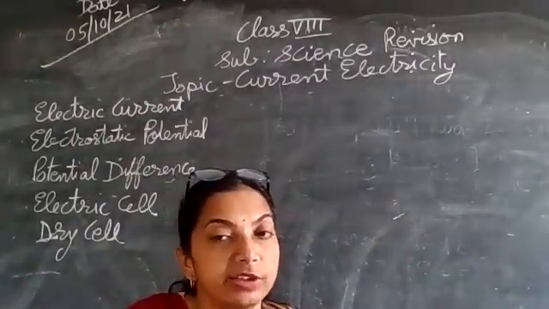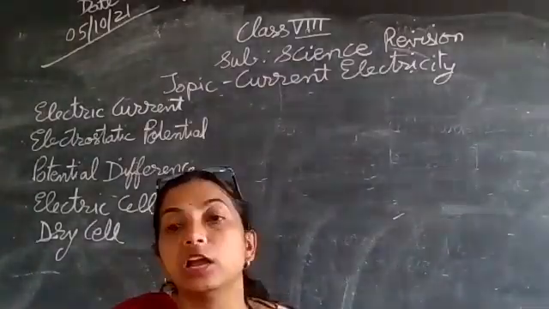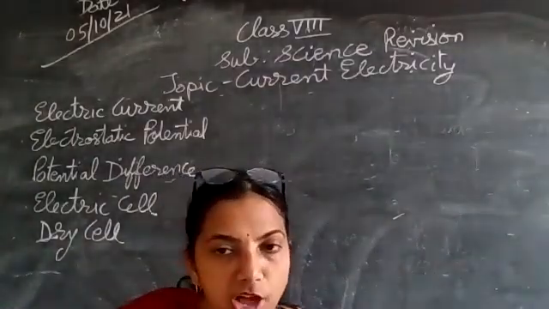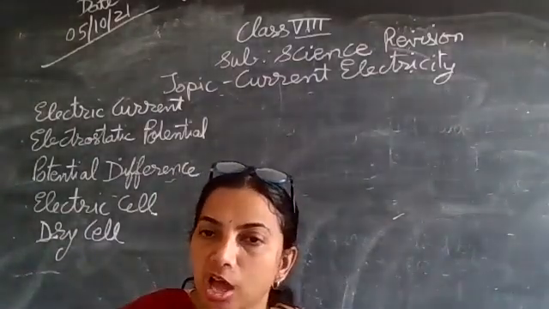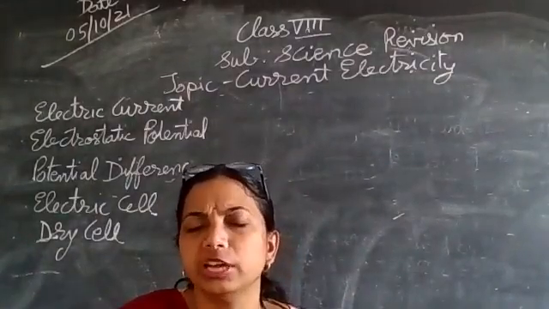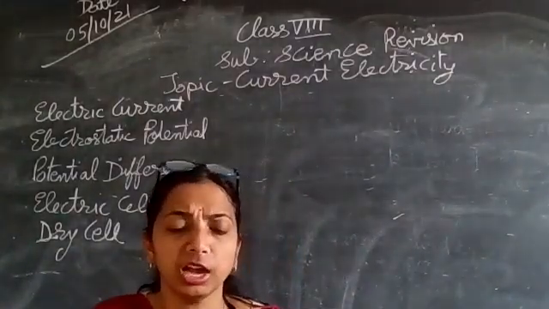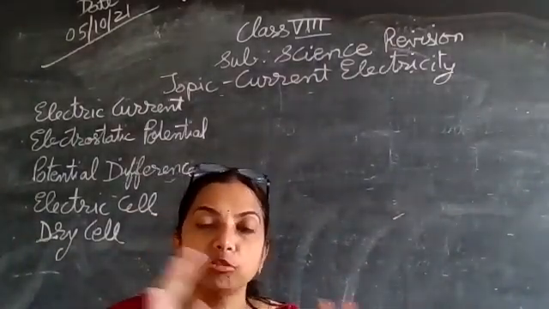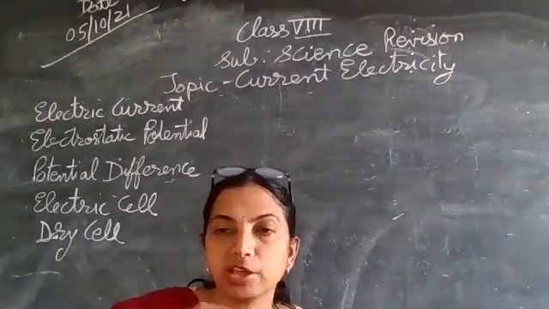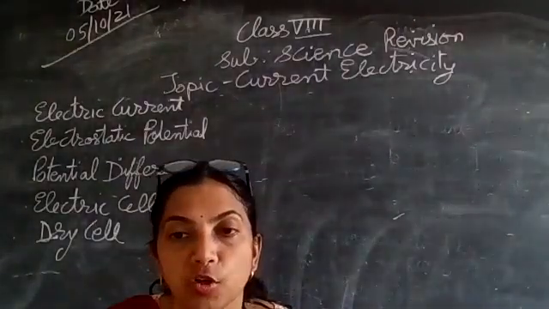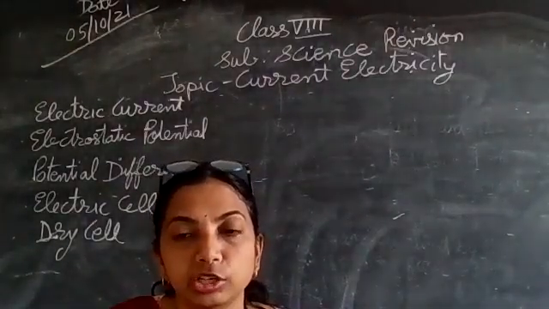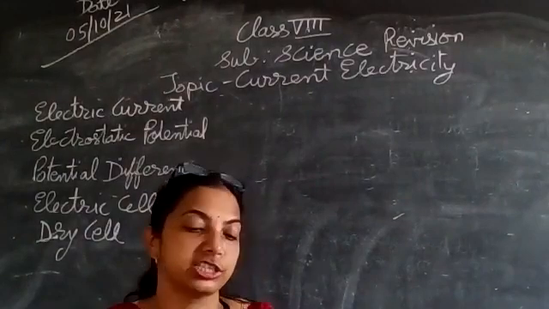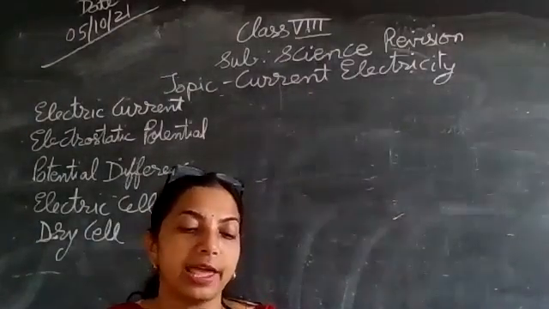And we all know by now that negatively charged are the electrons, positively charged are the protons in every atom. By the flow of these electrons, which are negatively charged outside the nucleus, it is possible for electric current to flow through certain substances or metals.